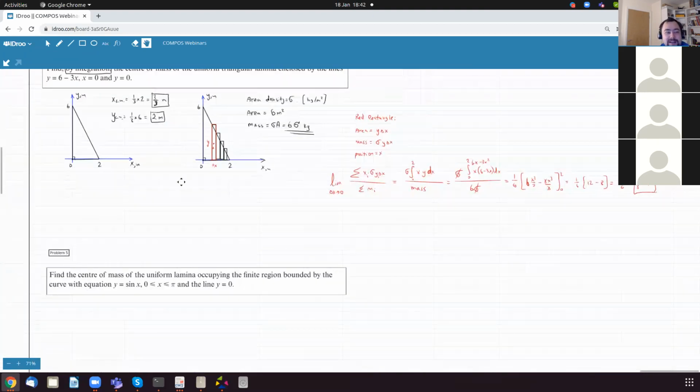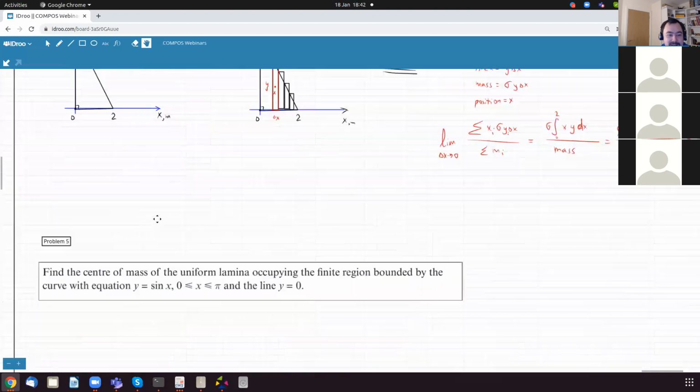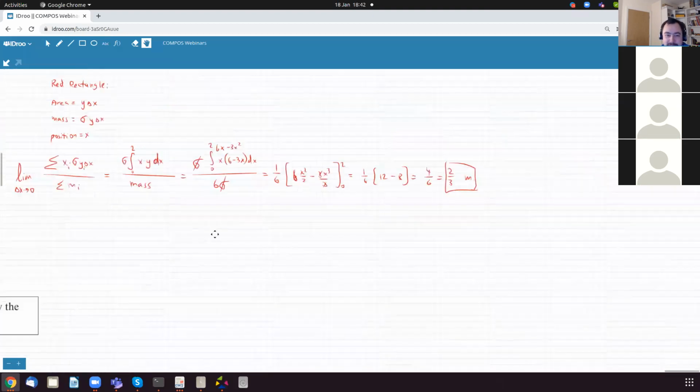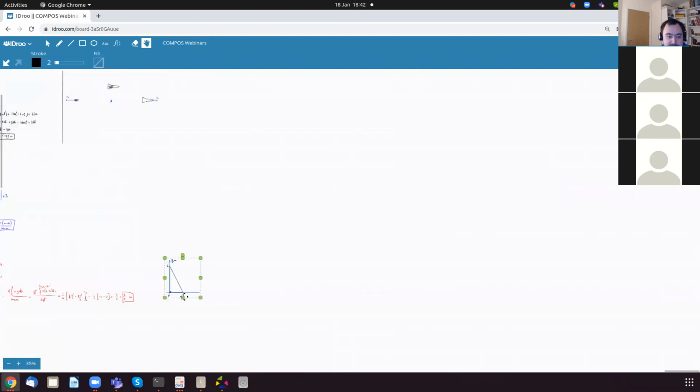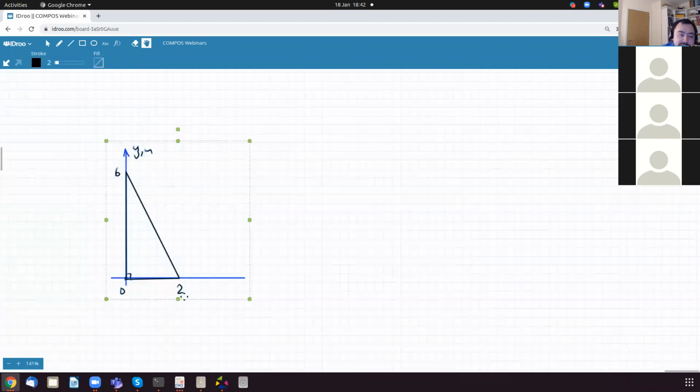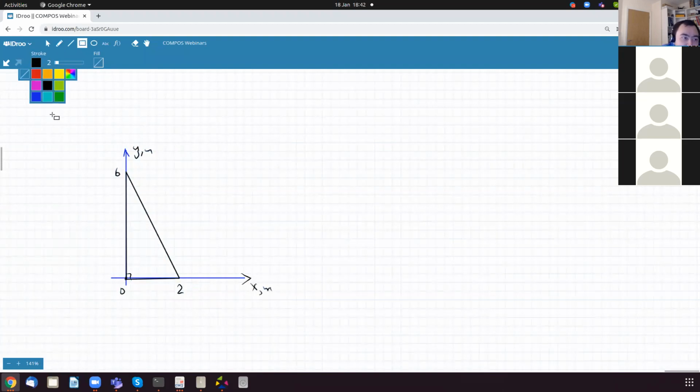Now we want to find the vertical position of the center of mass. And for this, we're going to do a very similar thing. We're going to cut it in horizontal strips.